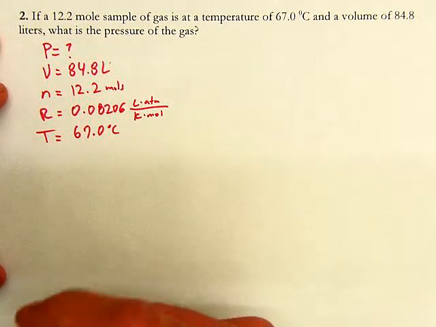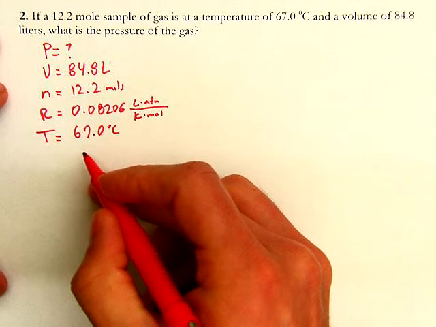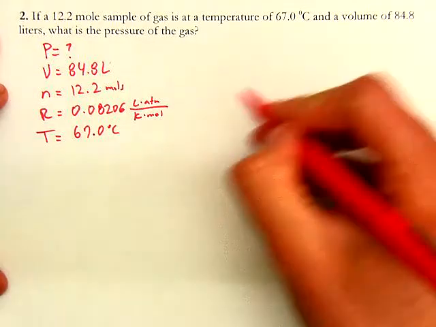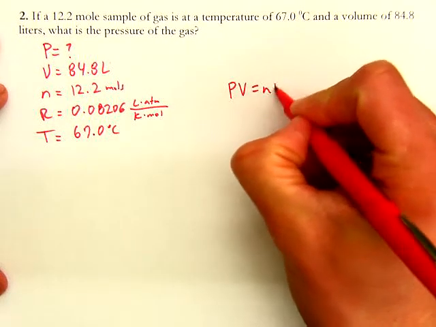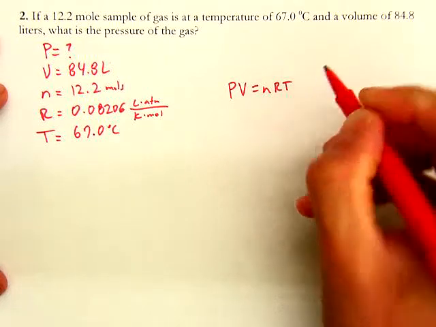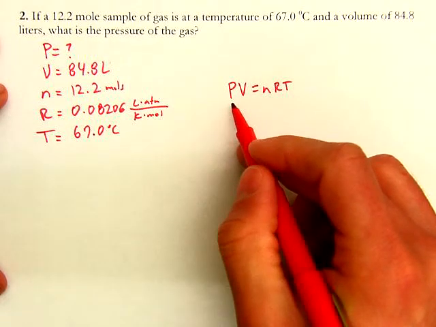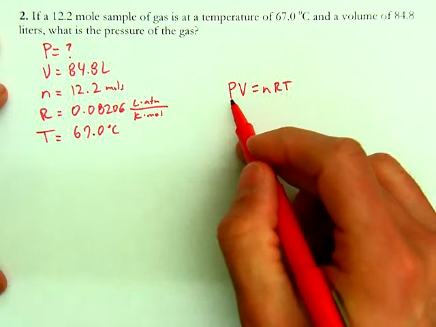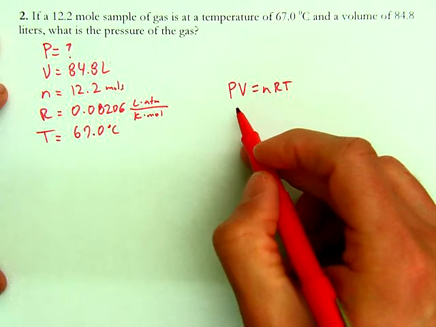Now, we're going to plug these all into the equation. So the equation again, PV equals nRT. And we're solving for P, right? So if I wanted to solve for P, I would divide by V on both sides.